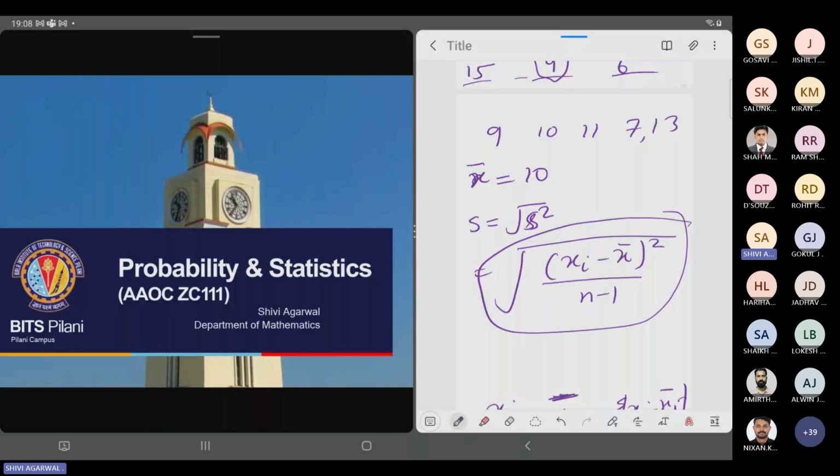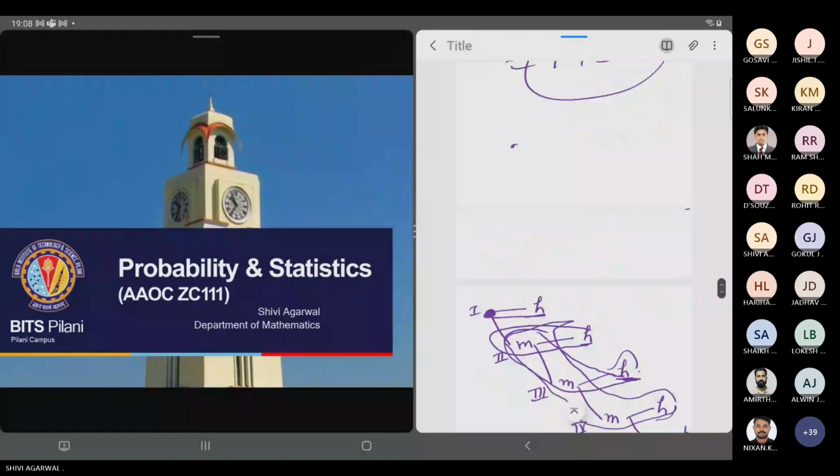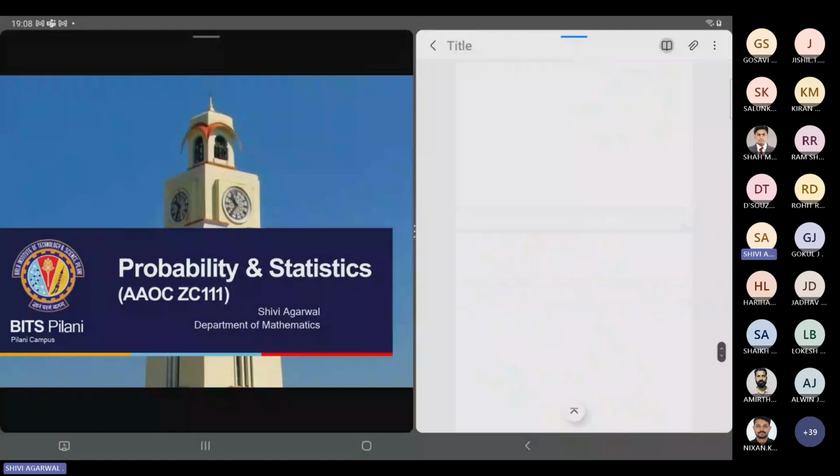So this is the formula, that is xi minus x bar whole square divided by n minus 1. We are just taking here the variance. Variance is what? Xi minus x bar whole square divided by n minus 1. Okay.